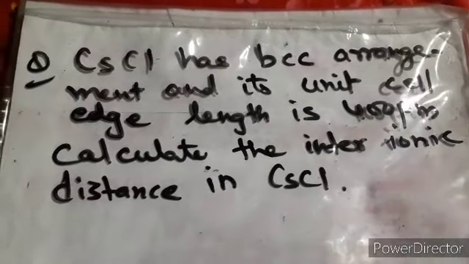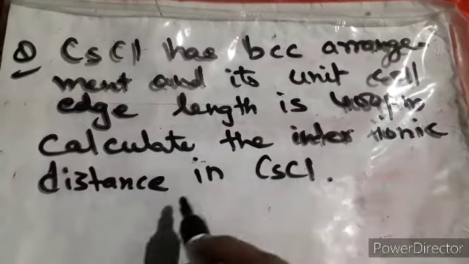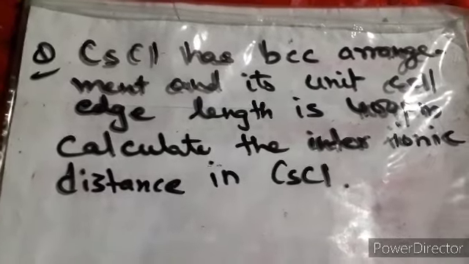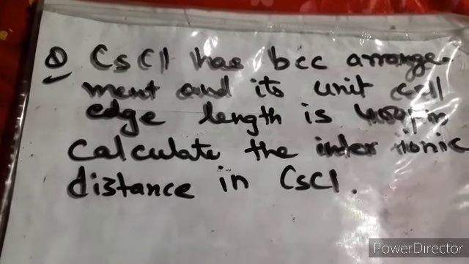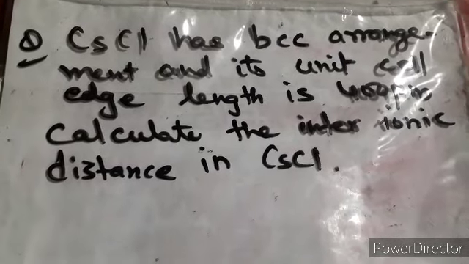This question uses the word interionic distance. Don't get confused by interionic. They are just asking you the nearest neighbor distance, D. So don't get confused by the language.